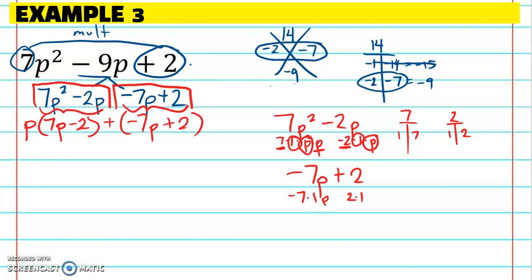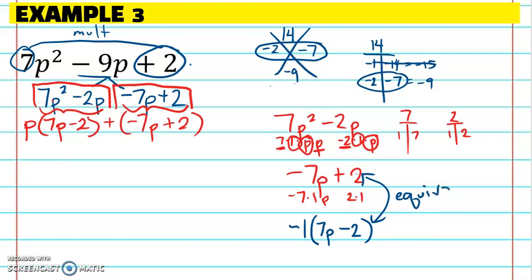And yes, you can. Look, if I pull the negative 1 out, negative 1 times 7p is still negative 7p. Negative 1 times negative 2 would be plus 2. Hey, that's the same thing as 7p minus 2. These are equivalent.